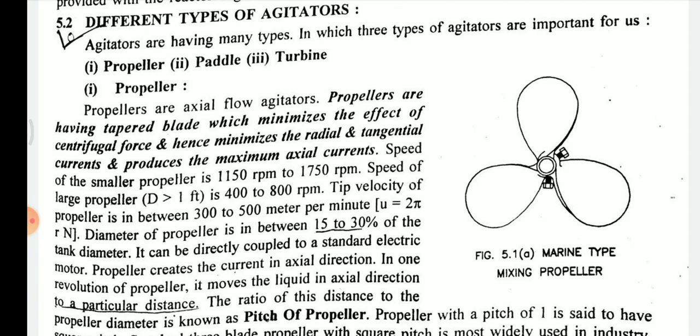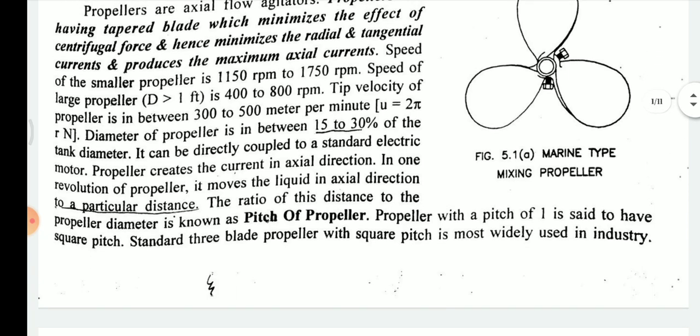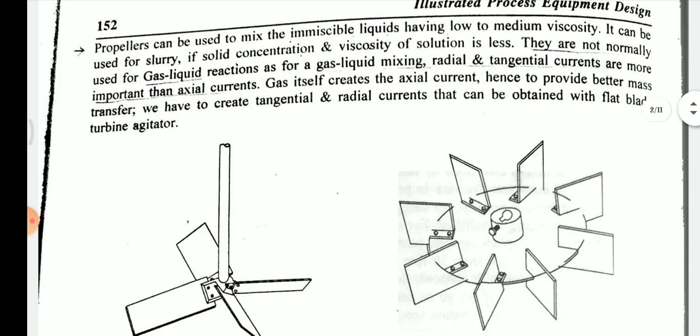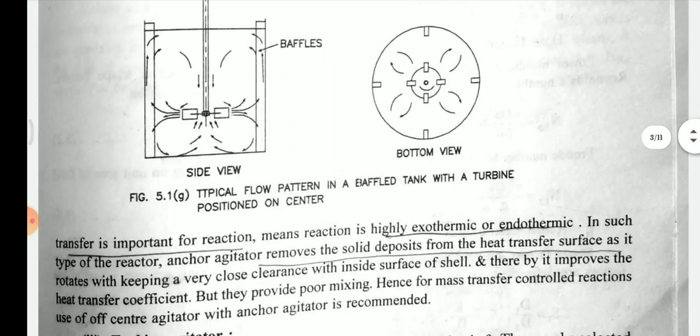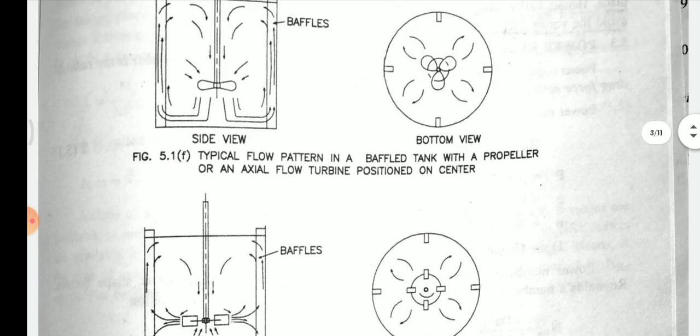Some of them are axial flow impellers, and some are radial flow. So we saw the different types of flow pattern in a baffled tank and in an unbaffled tank.